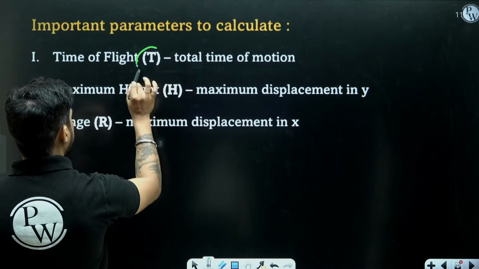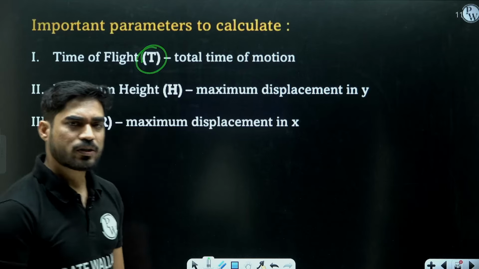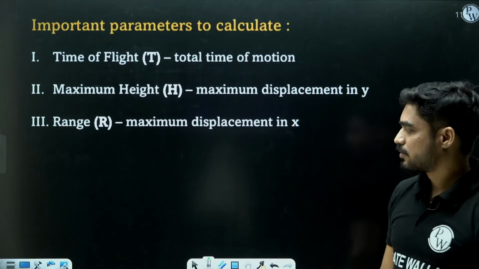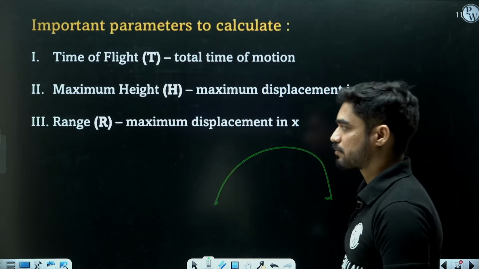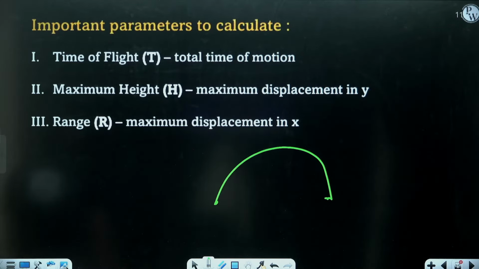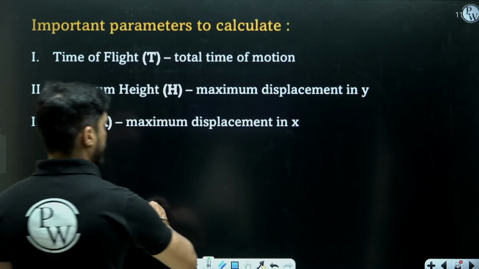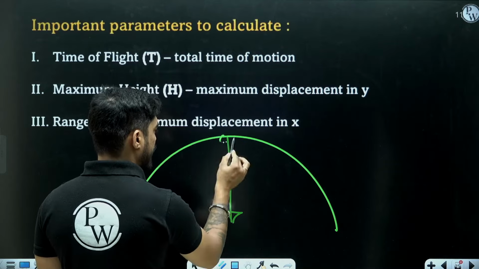Time of flight, which is denoted by capital T, is the total time taken by the projectile from initial position to the final position. Maximum height is the maximum displacement in the y direction. If the projectile motion is like this, then this is the maximum height.